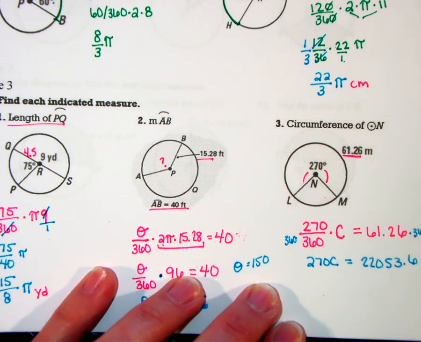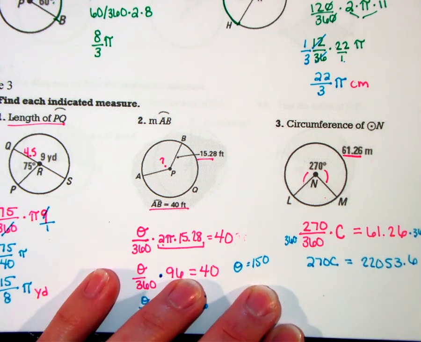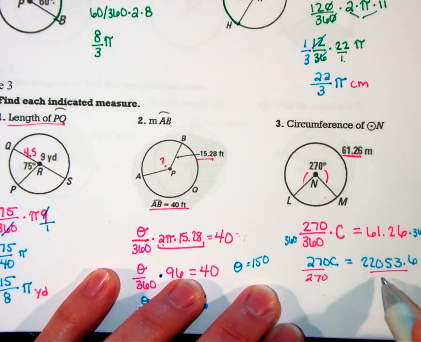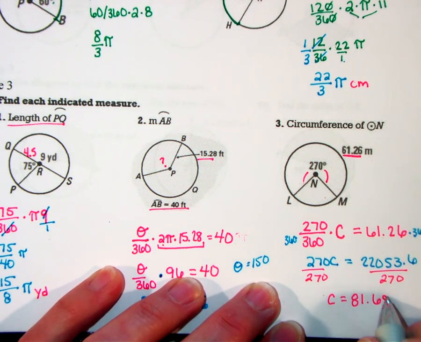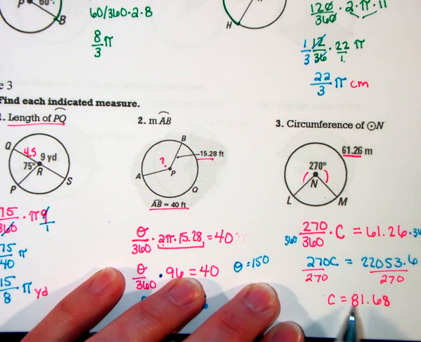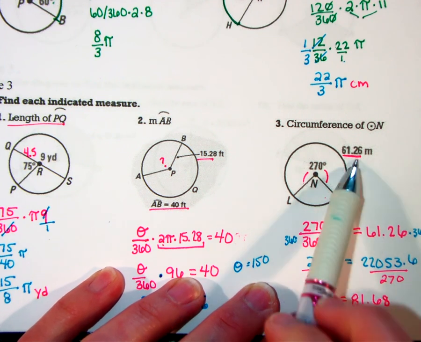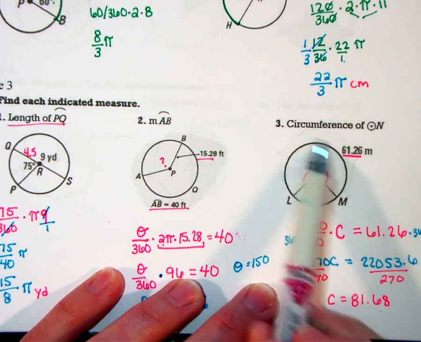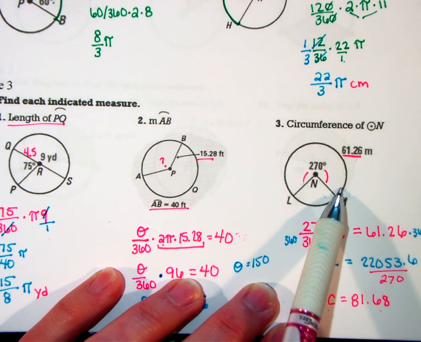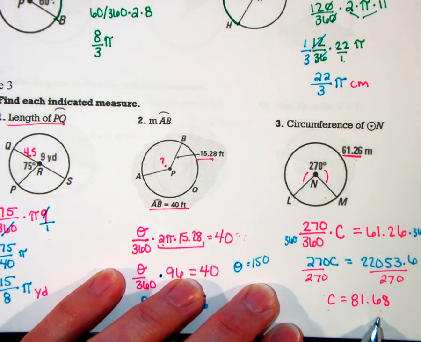So it's okay that it's a big number because now I'm going to divide. And I get my circumference to be 81.68. Okay, now that is okay because that circumference should be bigger than the measure of the arc. So the measure of the arc is only from L to M. So whatever answer we get should be bigger because this number is the entire circle.